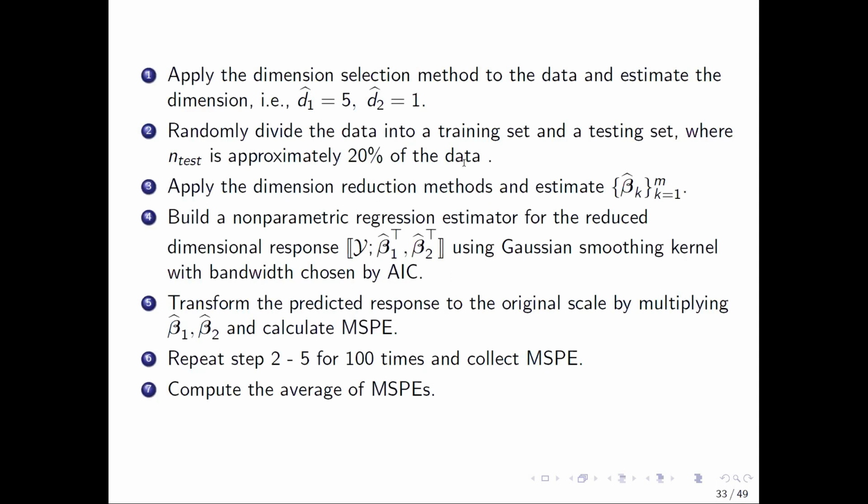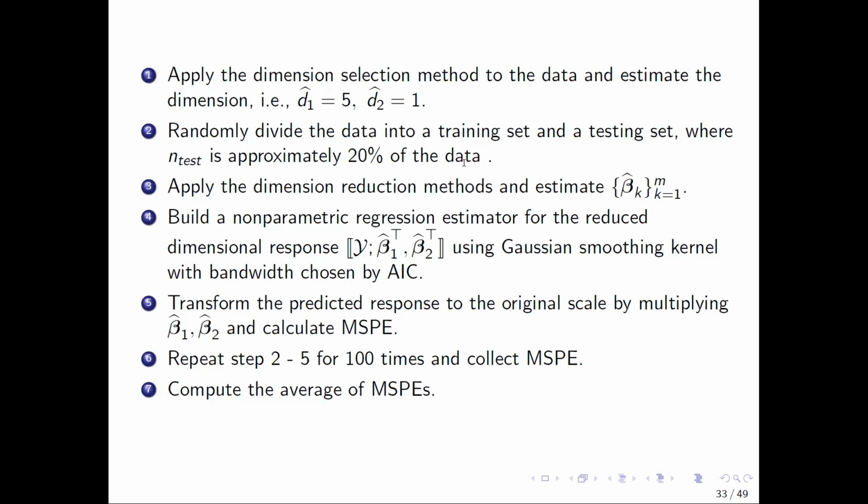We first apply the dimension selection method to estimate the dimensions for beta 1 and beta 2, and those are the selected dimensions. Then we randomly divide the data into a training set and a testing set, where 20% of the data is set as the testing set. We apply different dimension reduction methods on the training set to estimate the beta k's. Using those beta k's, we extract the low dimensional response that is mean dependent on X, and build a non-parametric regression using a Gaussian smoothing kernel where the bandwidth parameter is chosen by the AIC.